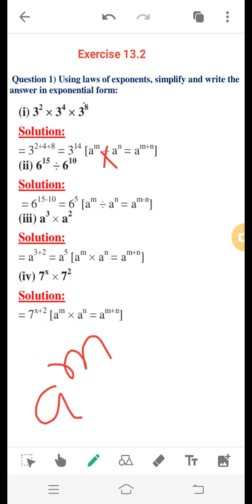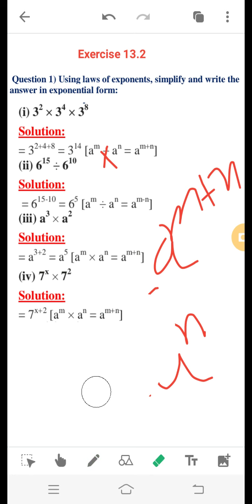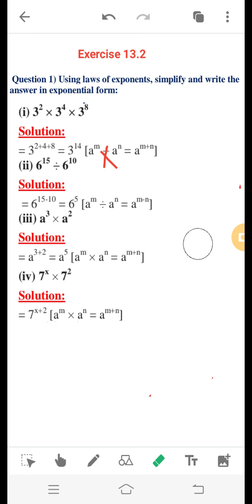Because of the law, a^m × a^n = a^(m+n). Means we have to add the powers if the base is the same. So here 3^(2+4+8) = 3^14, because a^m × a^n = a^(m+n).